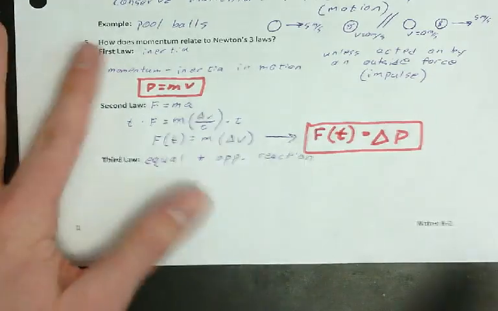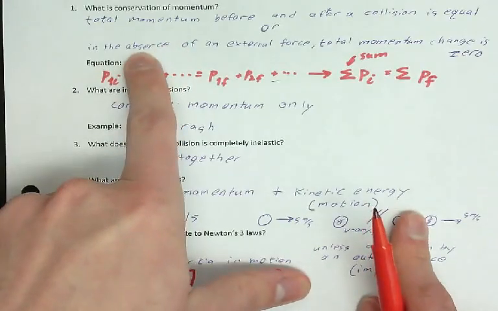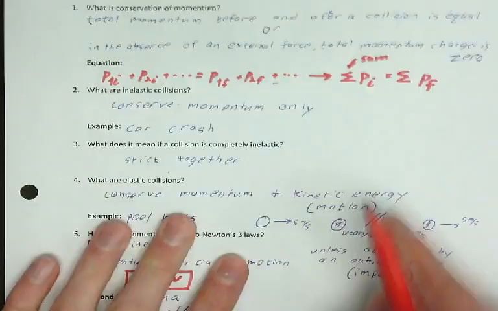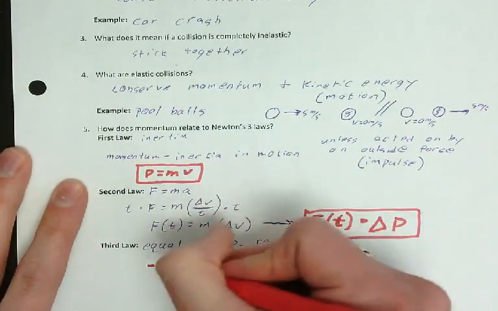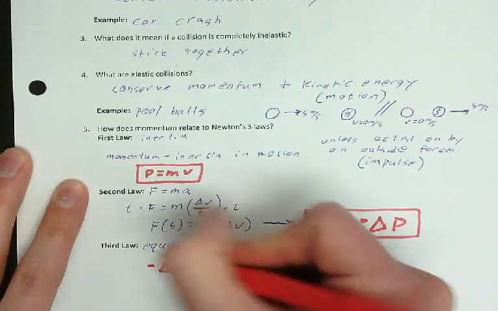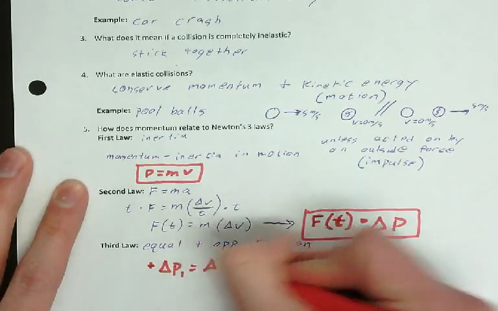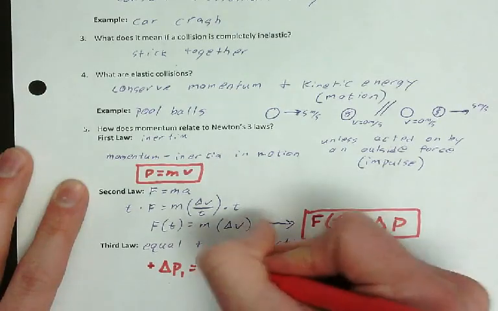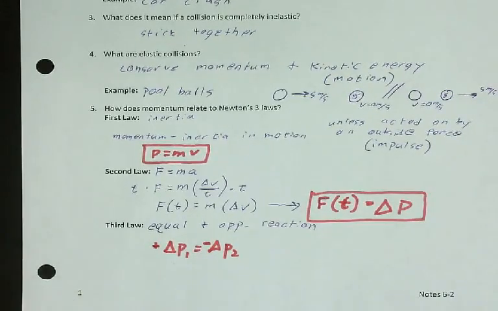I want to show you something. I told you one of the definitions was in the absence of an external force, total momentum change is 0. So in other words, every action has an equal and opposite reaction. So the action is to change the momentum of 1, and the reaction is a negative change in the momentum of 2.